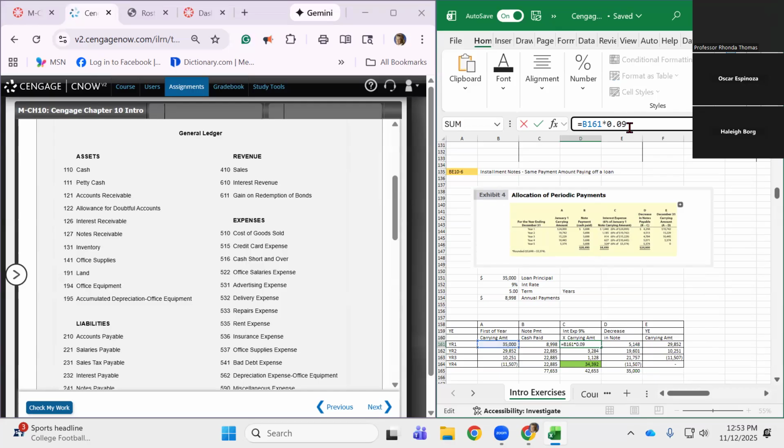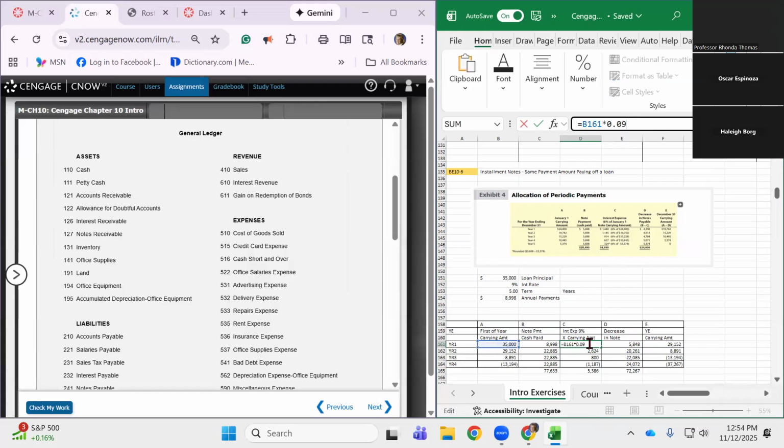9% times 0.09. There we go. And now I'm going to pull this down so that it copies everything. Hang on a minute. Let me see what's happening. Okay, let me try this again.